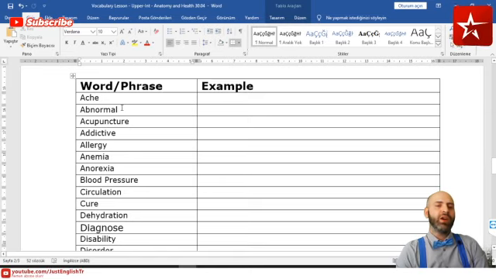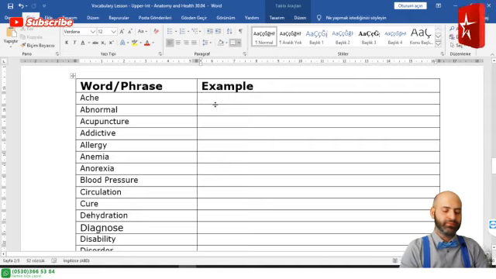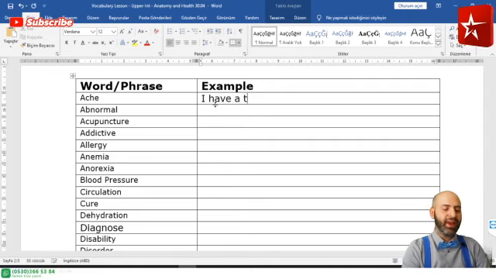For example, all of you have heard maybe headache, stomachache. If you want to use it as a noun, you should use verb have before it. For example, I have a terrible headache.